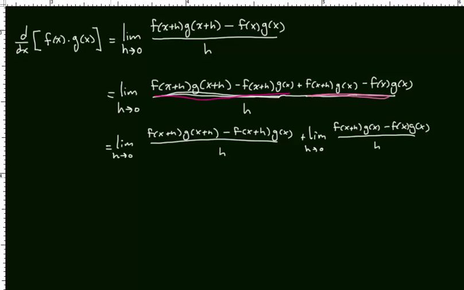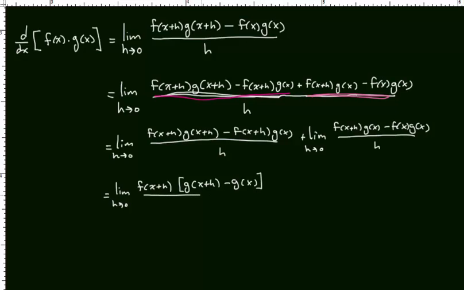Good. So now, do you see what I see? A little factorization here. So this is going to be the limit as h goes to 0. I'm going to factor out an f of x plus h. And when I factor that out, I have left g of x plus h minus g of x.